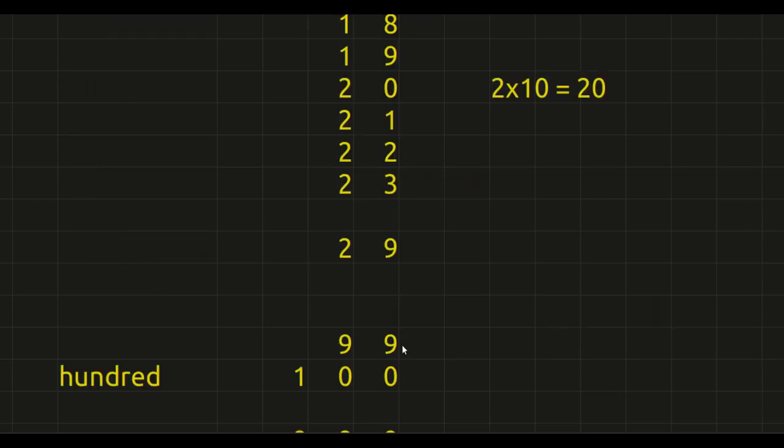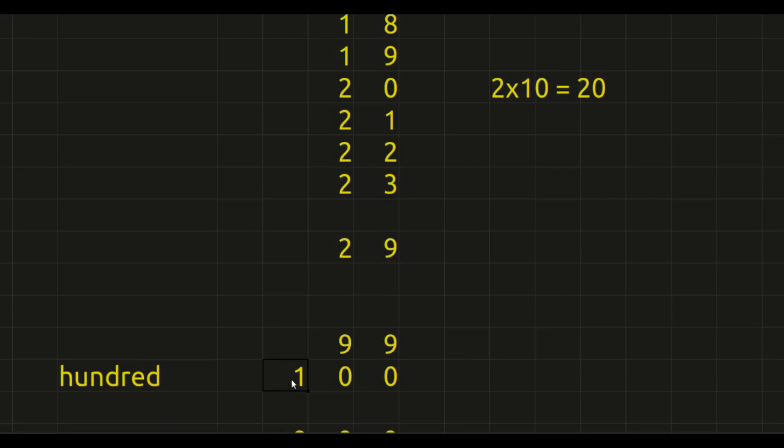Now let us move to the 3-digit transition point. Here the third digit represents how many hundreds we have. Why? Because when we have reached 100 here, till then we have counted up to 99, and including 0 we have counted 100 numbers. That is, after completion of the count of 100 numbers, we need to introduce the third digit, and that is why the third digit represents how many hundreds we have.